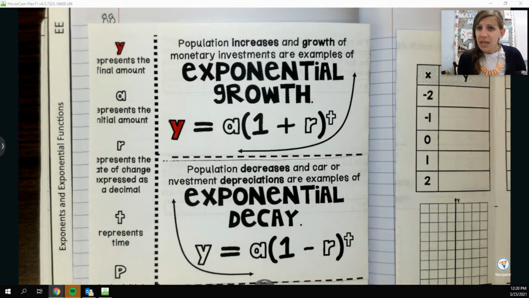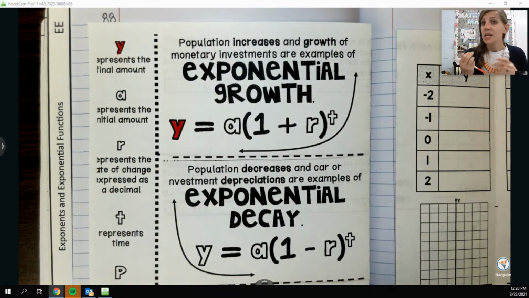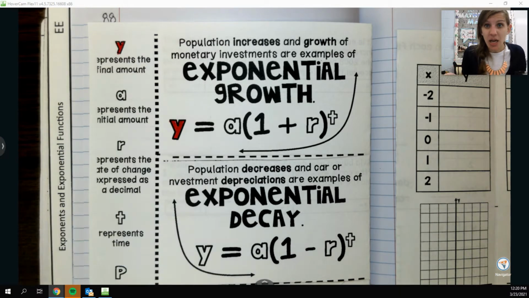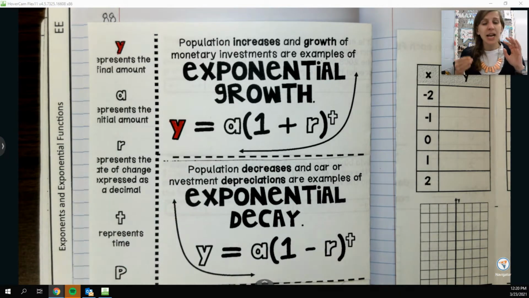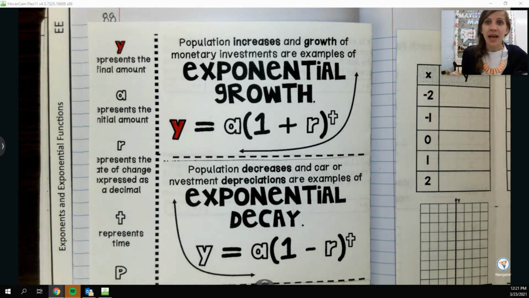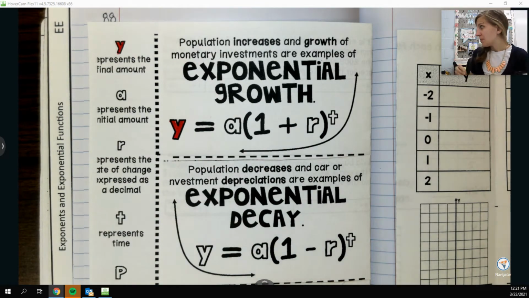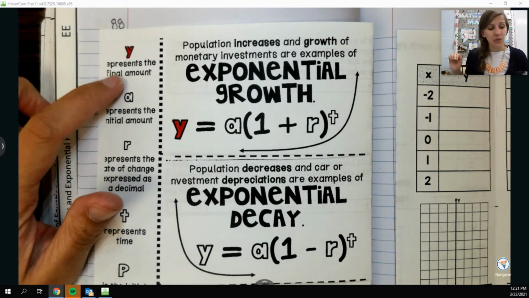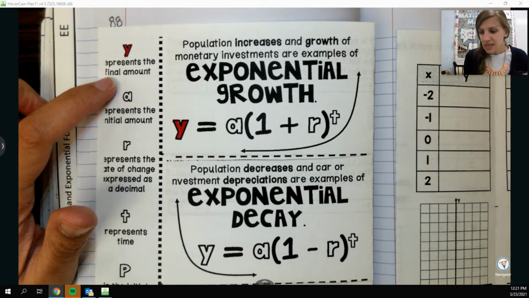Sometimes we're dealing with money with exponential equations. Sometimes we're dealing with like population. But exponential equations grow really quickly, much more quickly than linear equations, because an exponent makes numbers bigger faster than just multiplication. Okay, so usually what we're looking for is what the final amount is.